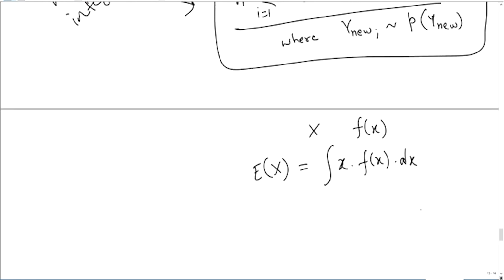Now, we can actually approximate this using Monte Carlo integration as well. How? This f of x is actually a probability distribution, right.